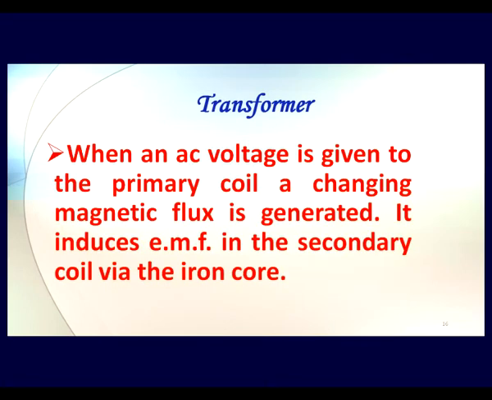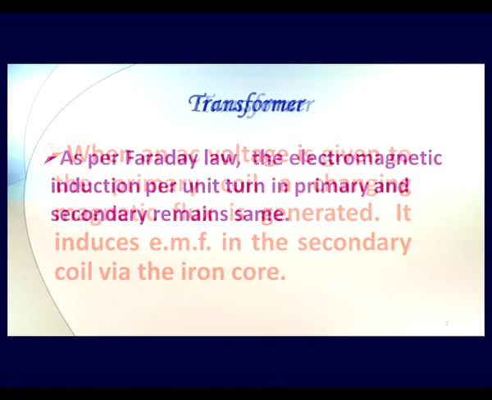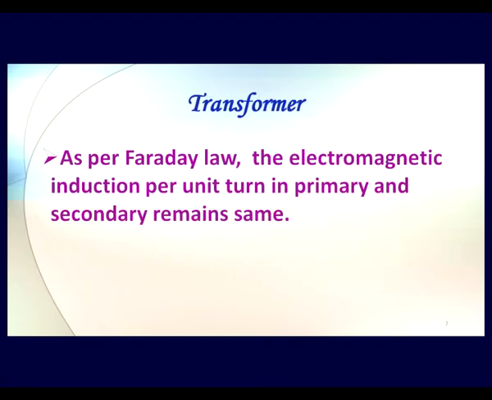When we give AC voltage to the primary coil, a changing magnetic flux is generated. That changing magnetic flux is responsible for inducing EMF in the secondary coil via the iron core, which is common to primary and secondary.